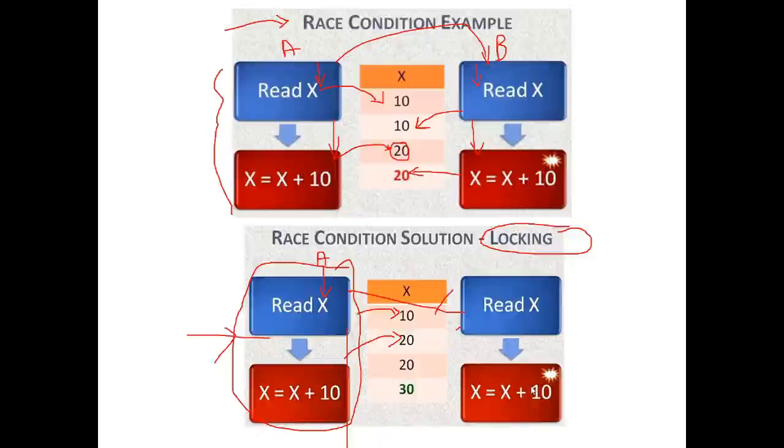Process B reads the value of x, that is 20, and after incrementing, it becomes 30. Now it is giving the correct result. Earlier, process B interrupted and read the value 10. Now, as the code was locked, it did not allow the other process to interrupt. It read the correct value 20 and gave the result 30.